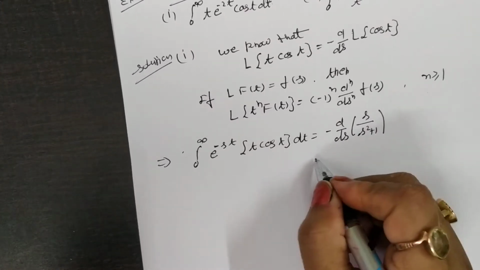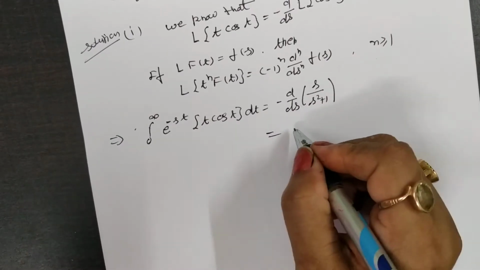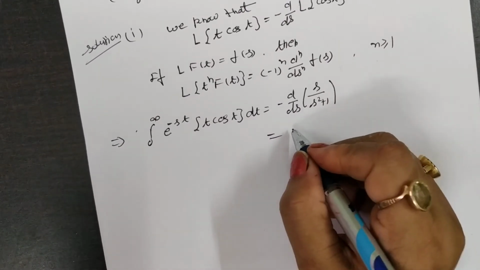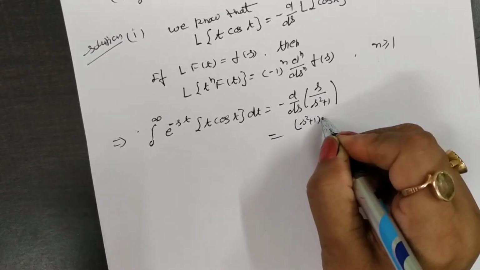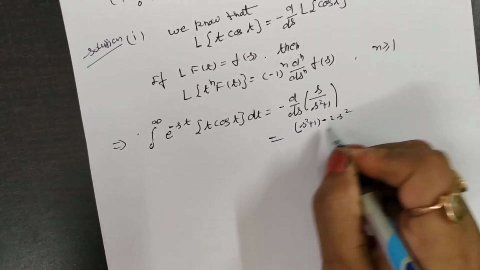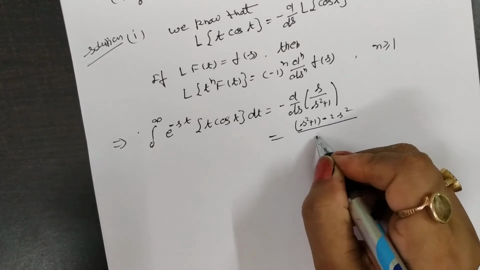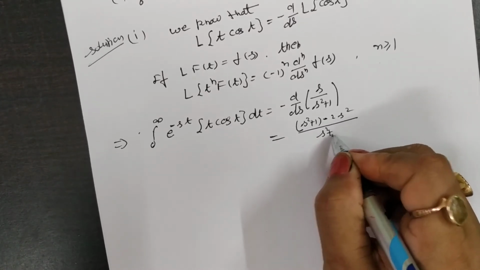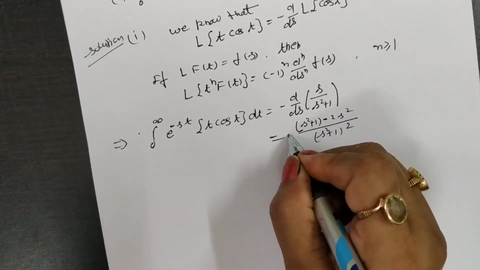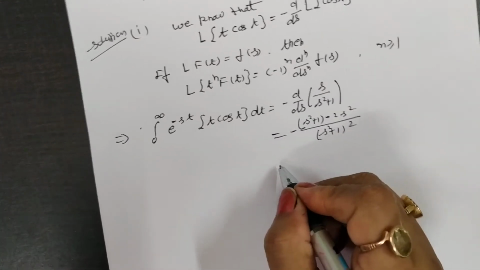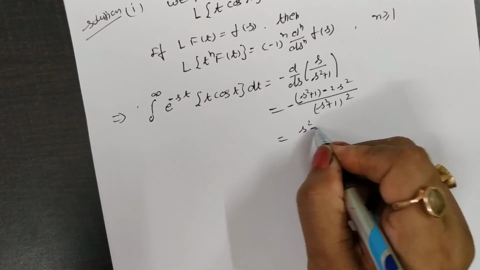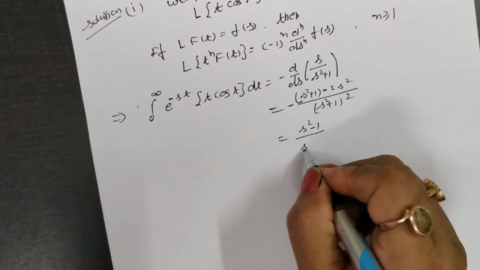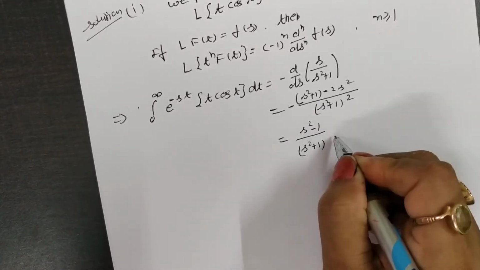Now differentiating this, the first term is s square plus 1, minus 2s square, divided by s square plus 1 whole square. The negative sign is from here. Evaluating this, you get s square minus 1 divided by s square plus 1 whole square.